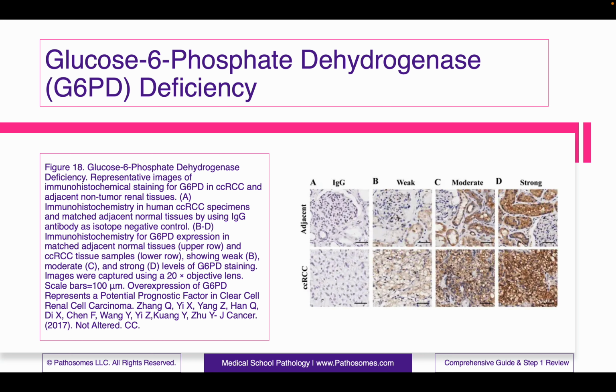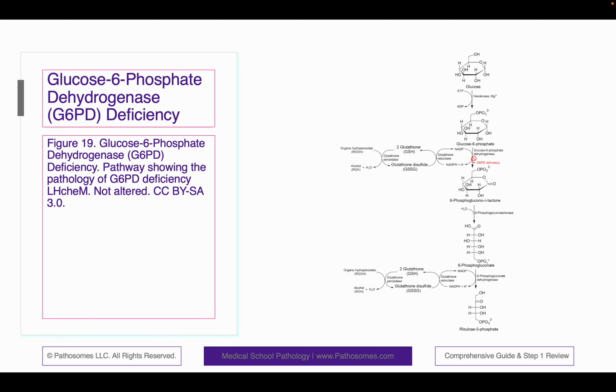Here we have representative images of IHC staining for glucose-6-phosphate dehydrogenase in a patient that had RCC. This is out of your scope, but just be aware that glucose-6-phosphate dehydrogenase is important, and we went over why it's important.